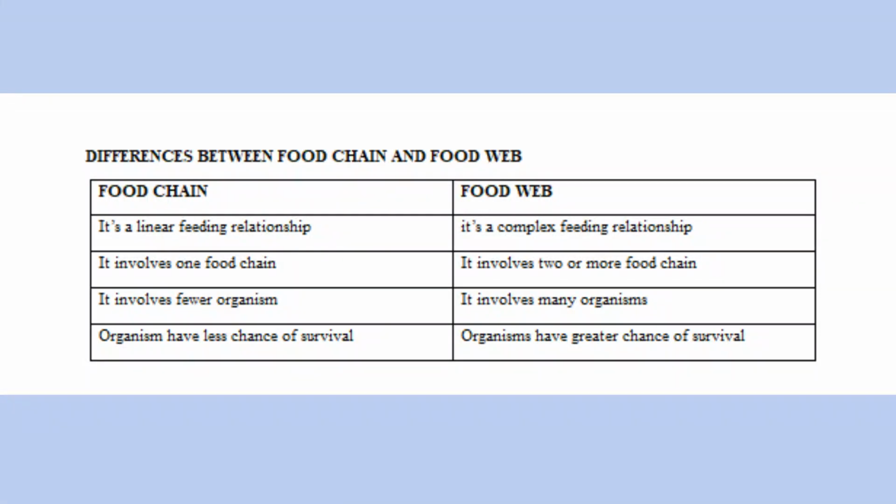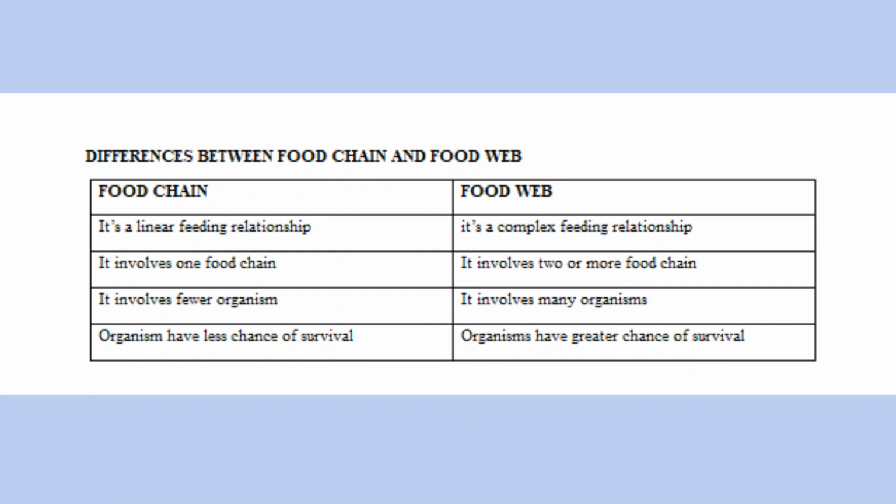Differences between food chain and food web. The first one, we can see that food chain is a linear feeding relationship, whereas food web is a complex feeding relationship. The second is the food chain involves one food chain, while the food web involves more than 2 food chains.